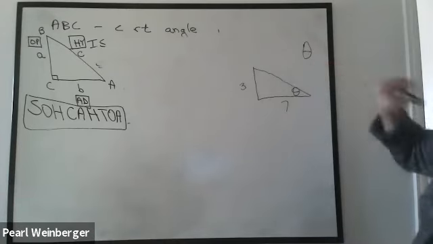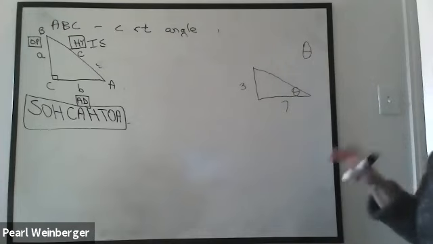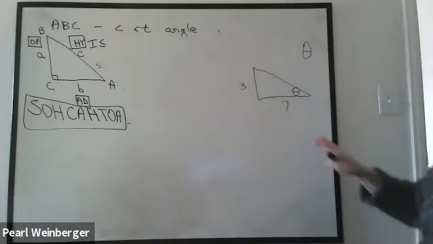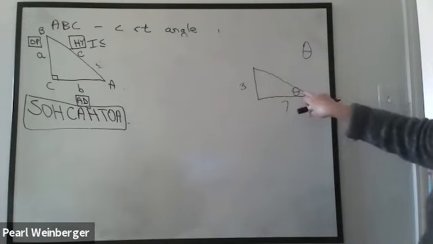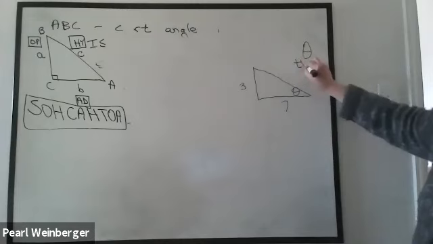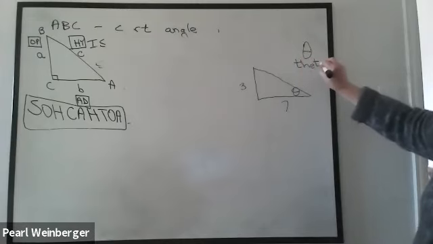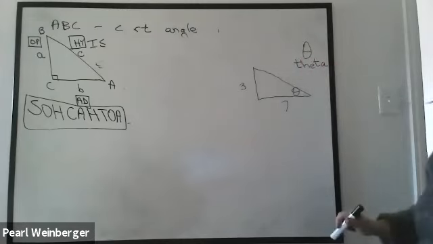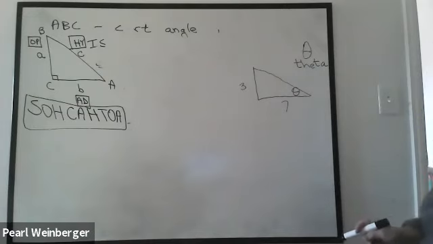We use Greek letters for trigonometry to name angles. So instead of calling this angle A, we can call this angle theta. This is the Greek letter theta. Theta, theta. It's like they're calling the hurricanes by Greek letters now.